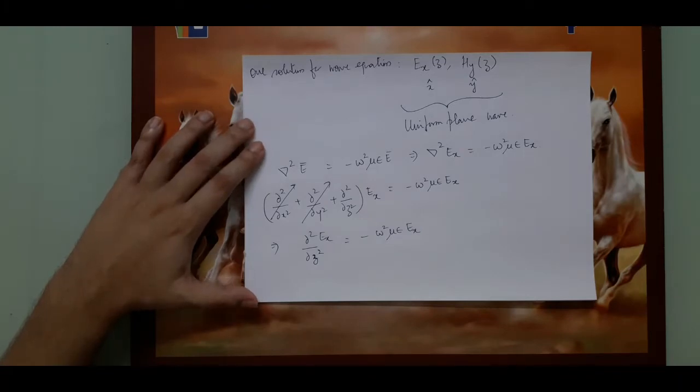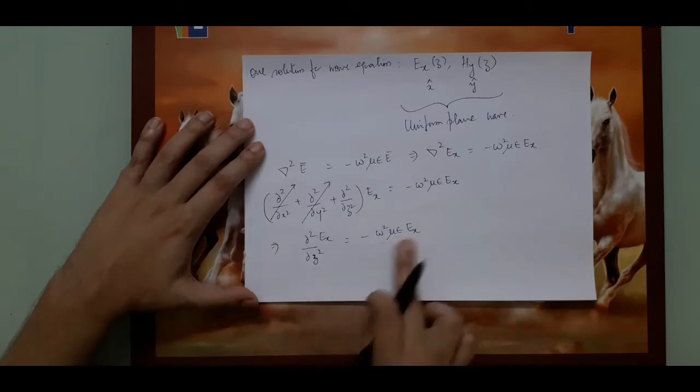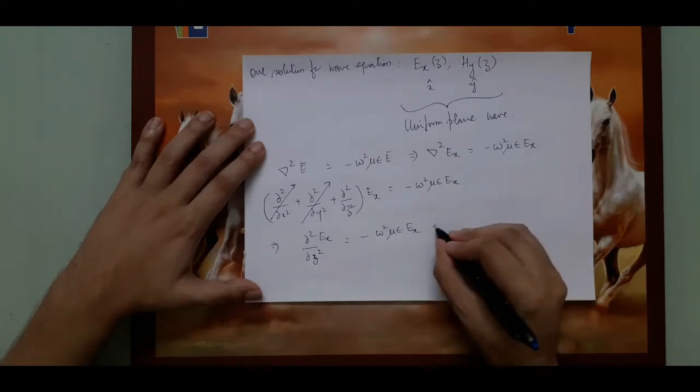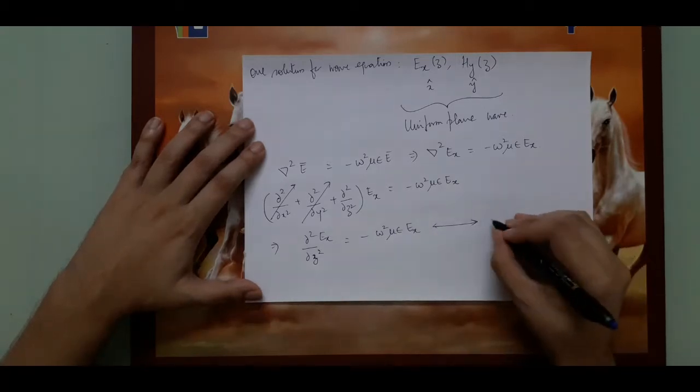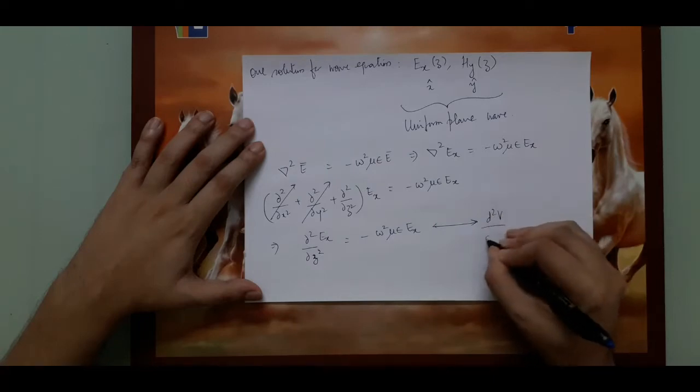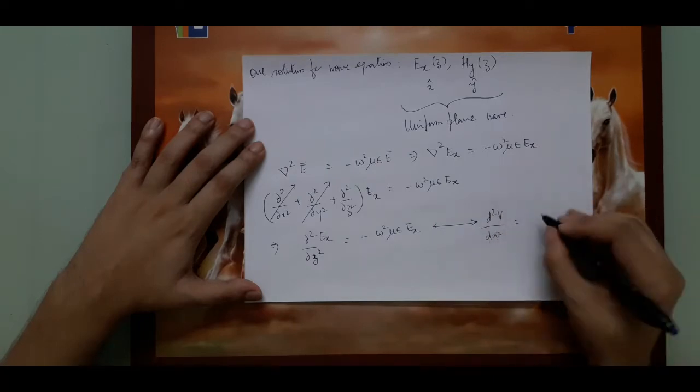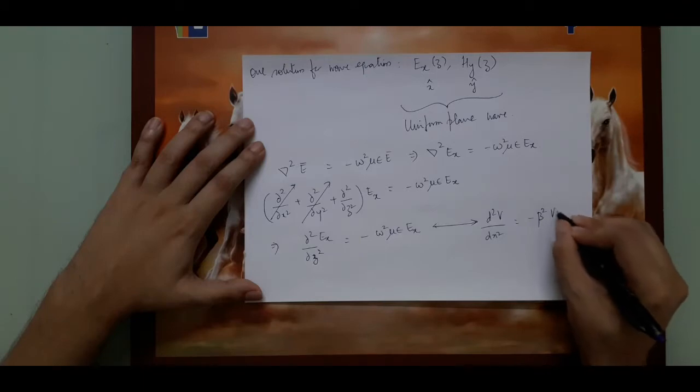So now what we are seeing is that we now have a single dimensional solution for the wave equation. And now this is very, very similar to the voltage solution on transmission line. For lossless transmission line, we know that d square V by dx square is nothing but minus beta square V.